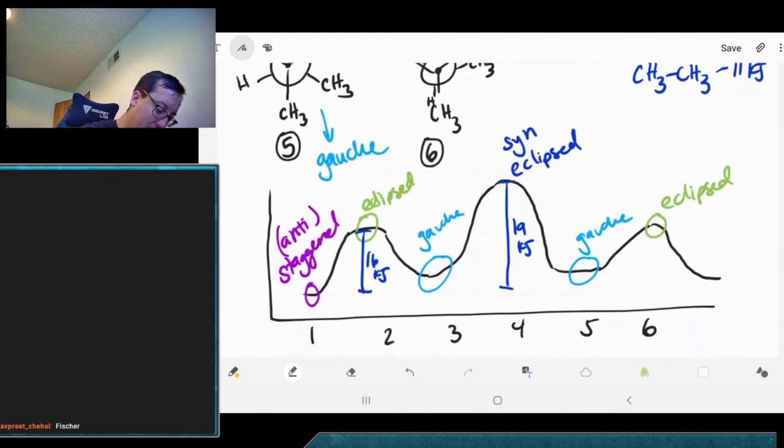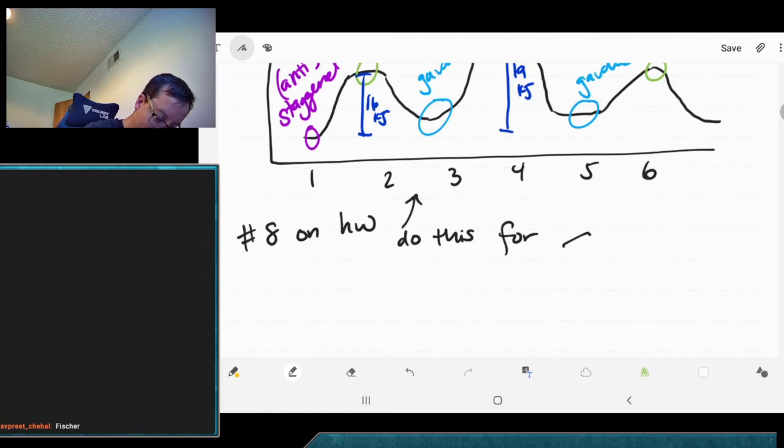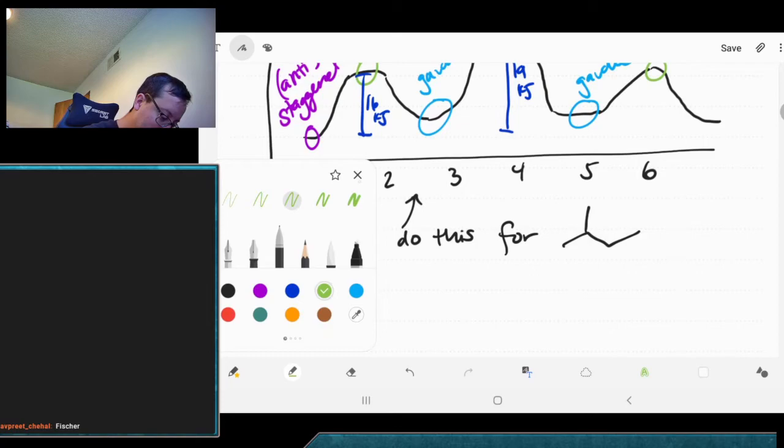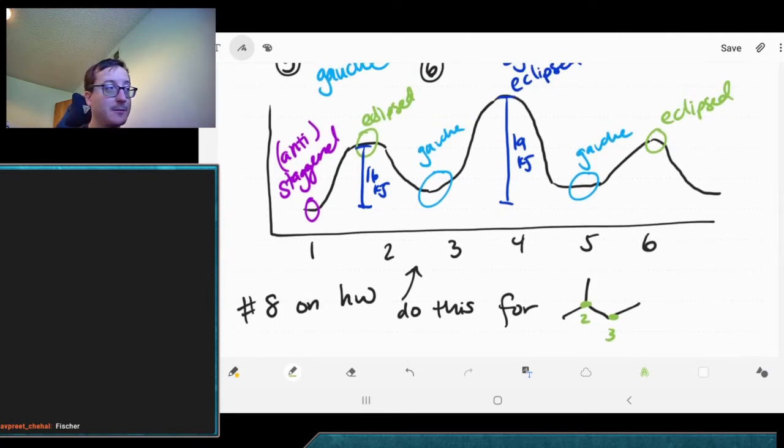So for number 8 on your homework, you do this for this molecule. And again, you're looking at this bond here. So you're looking at carbon 2 and carbon 3. You're looking at that axis. And so you're going to be doing essentially the same thing, but you're not going to get exactly the same graph as this.